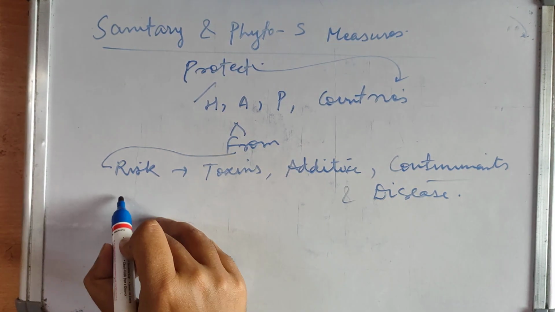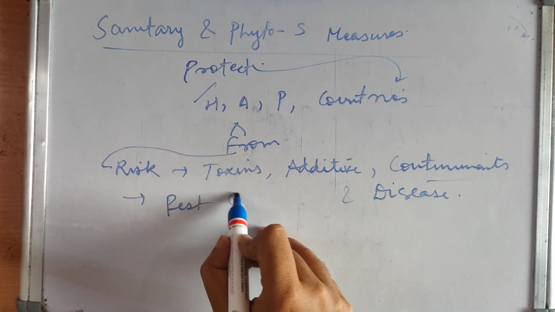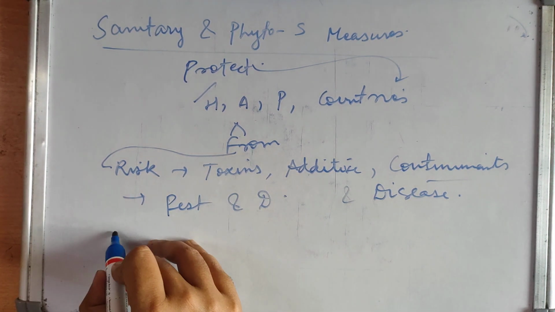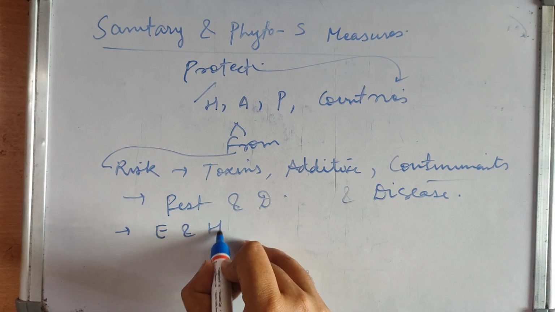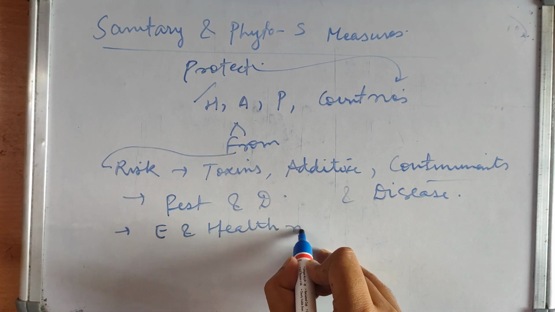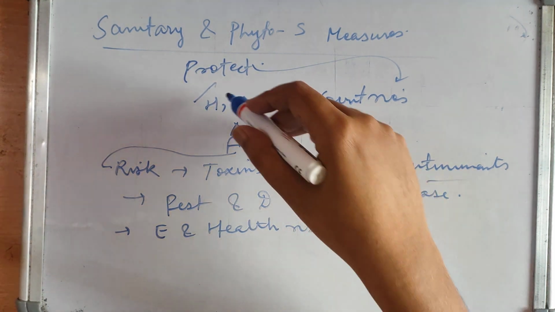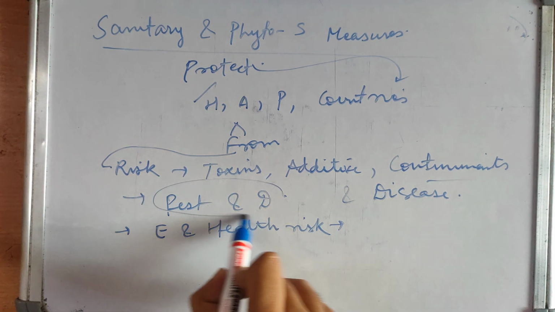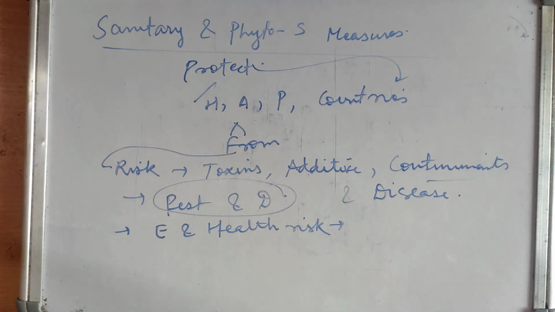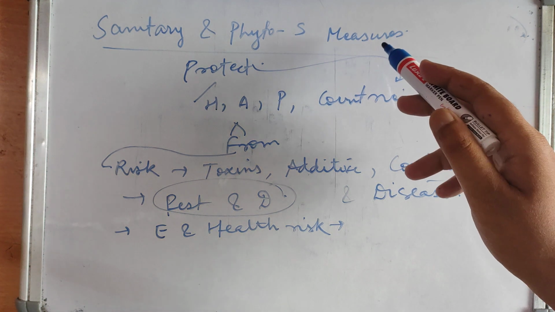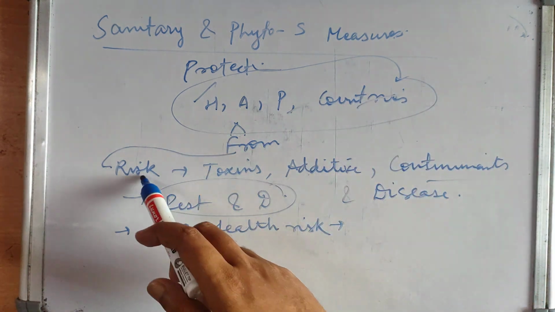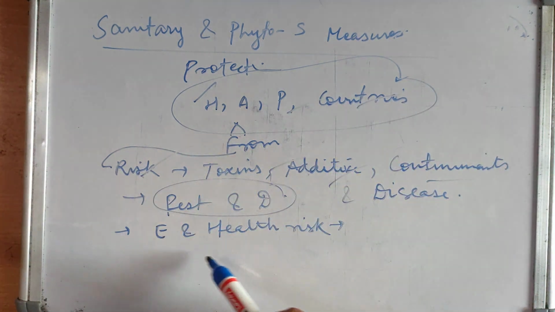Or we also protect from pests, that is, pests and diseases, and from economic and health risks arising from these pests and diseases. So this is what sanitary and phytosanitary measures do: protect humans, animals, plants, countries from risks of toxins, additives, pests, which can create economic and health risks.